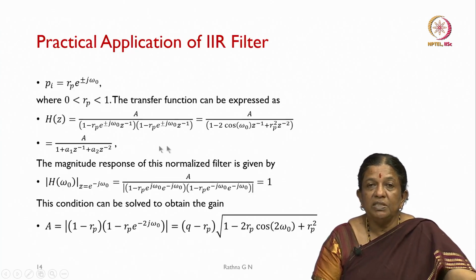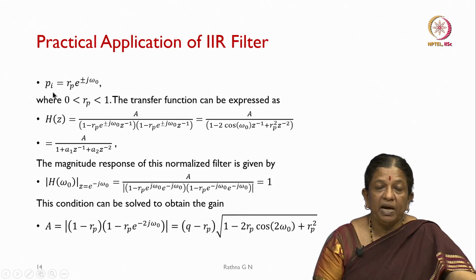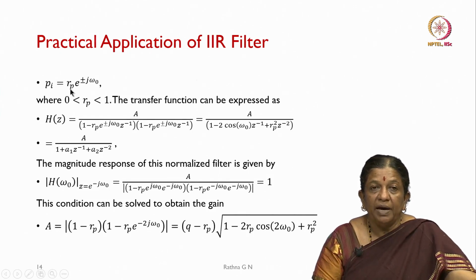So, what is the practical application of an IIR filter? Here we have considered p i as our pole positions, given by Rp, where R is the radius of the circle, times e power plus or minus j omega naught. Omega naught is the angular frequency we are considering.